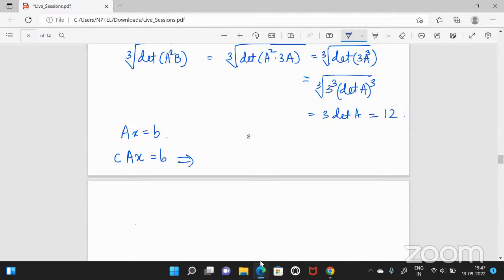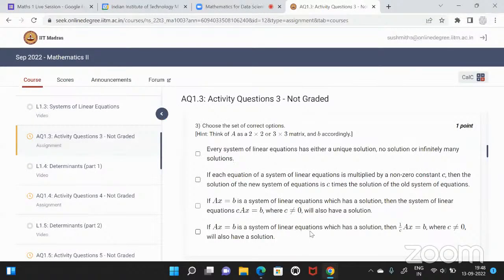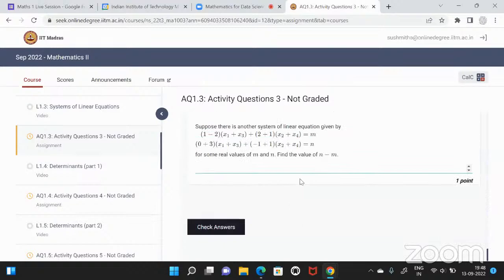That's it. You can write it as AX is equal to 1 by C times B, right? Yes. So what is the question? If AX is equal to B is a system of linear equations which has a solution, then the system of equations CAX is equal to B will also have a solution. Is that true? Yes, it is true.